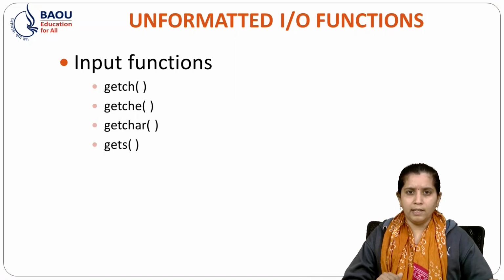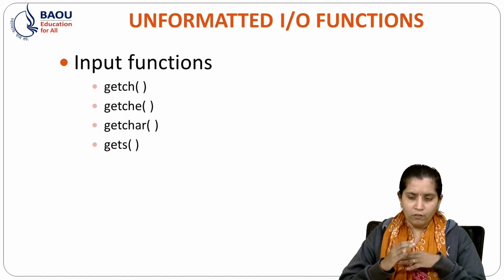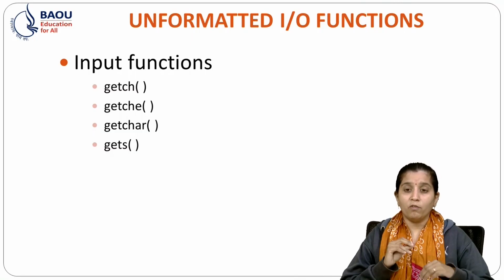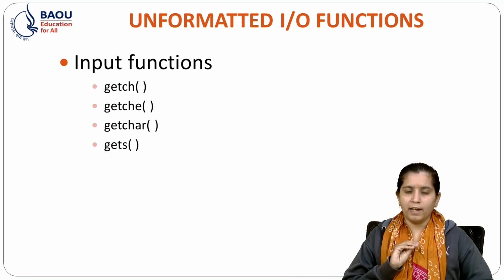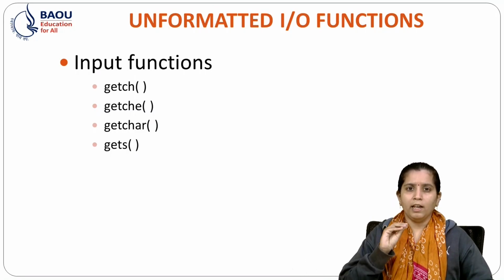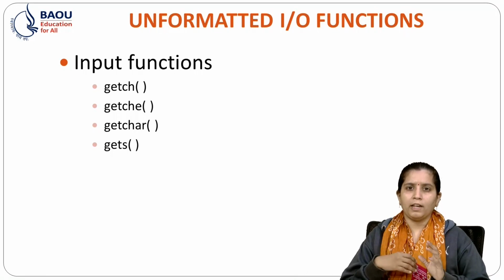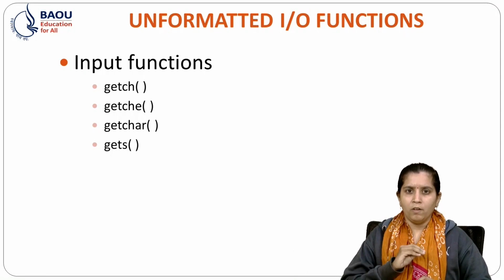What is getche? The function getche is similar to getch, but what is the difference between getch and getche? It accepts a character and echoes the typed character on the screen, whereas getch does not echo the typed character on the screen. So this is the difference between getch and getche.